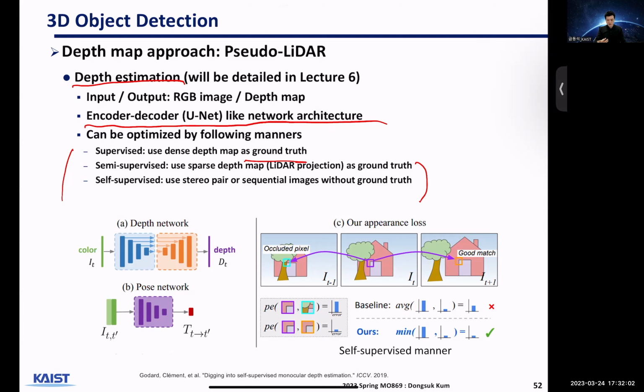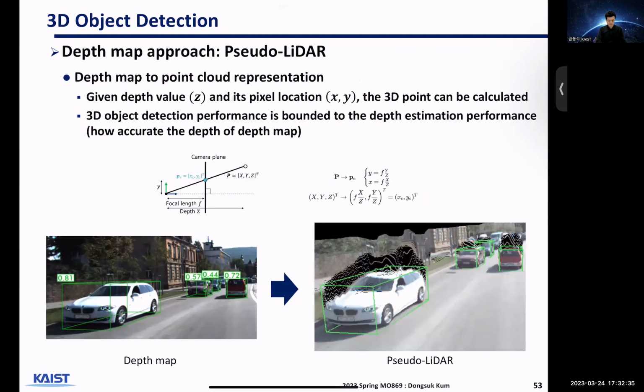So leveraging this principle, we can automatically generate ground truth, and then use that for training the depth network. By doing so, we can do self-supervised or semi-supervised learning methods for depth map network training.